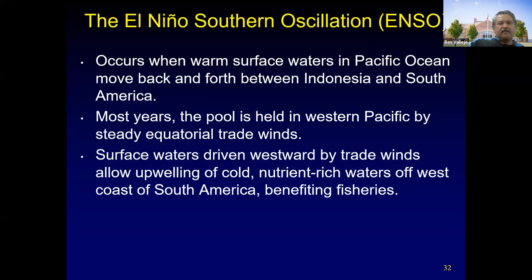All right, so the third bullet says southern waters or surface waters driven westward by trade winds allow upwelling of cold, nutrient-rich waters off the west coast of South America, and that's what I'm talking about when it comes to the upwelling that helps the fishing industry off the coast of Chile and Ecuador.